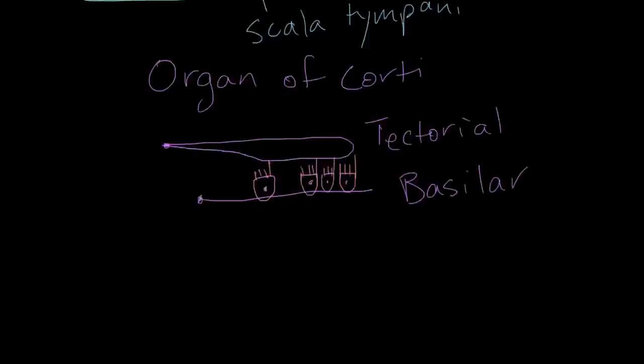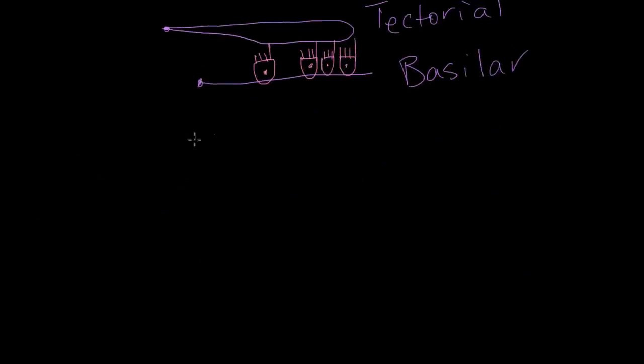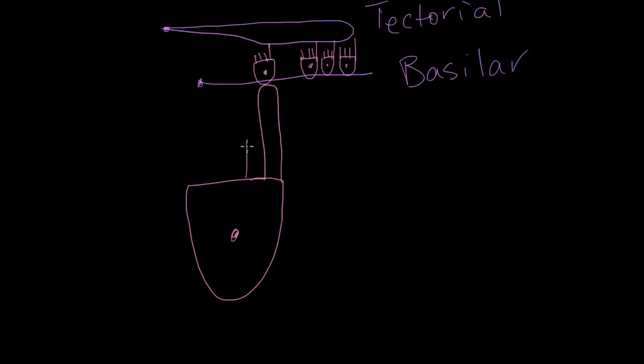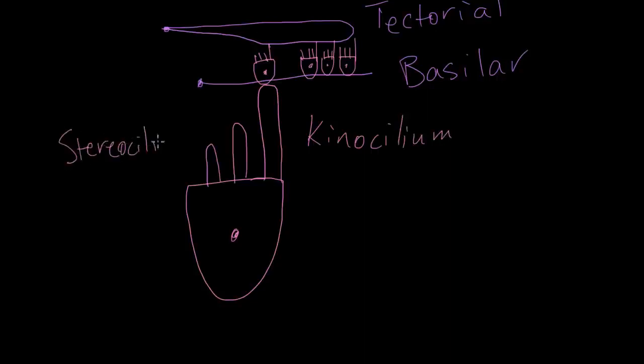So if we were to zoom in on one of these hair cells, it would look something like this. Here's the nucleus. It has one really long projection, and it has a bunch of smaller projections. And the longest projection is called the kinocilium. And the shorter projections are called the stereocilia.